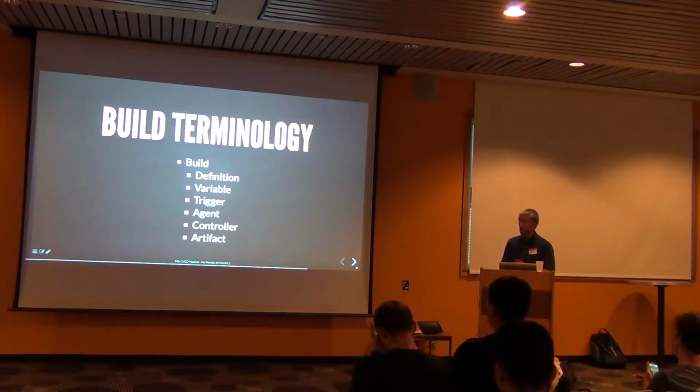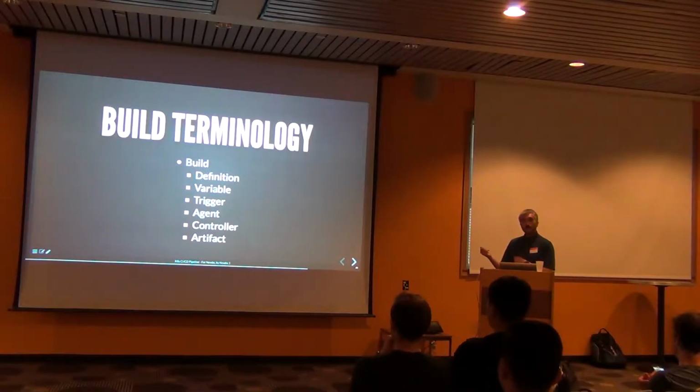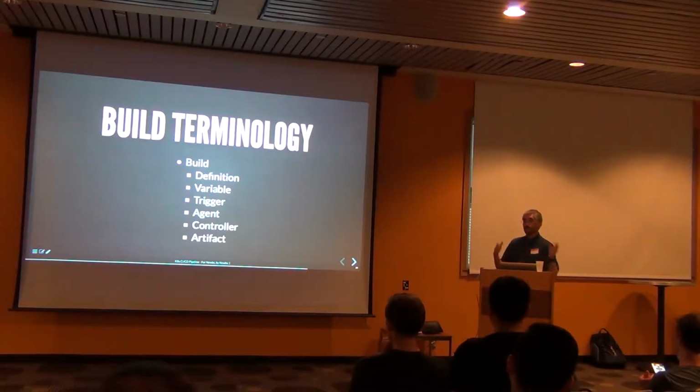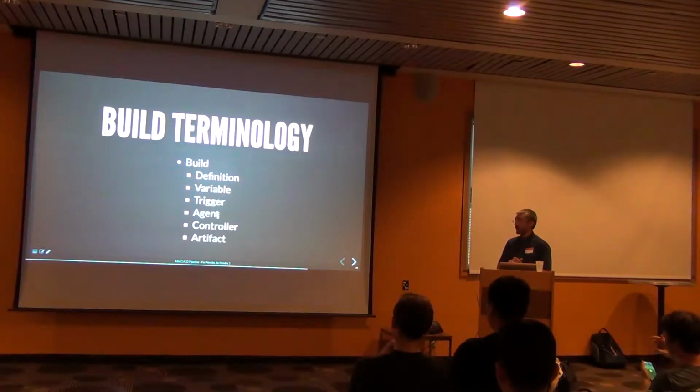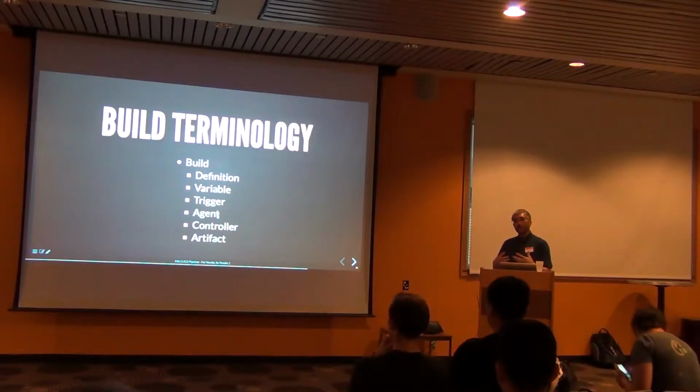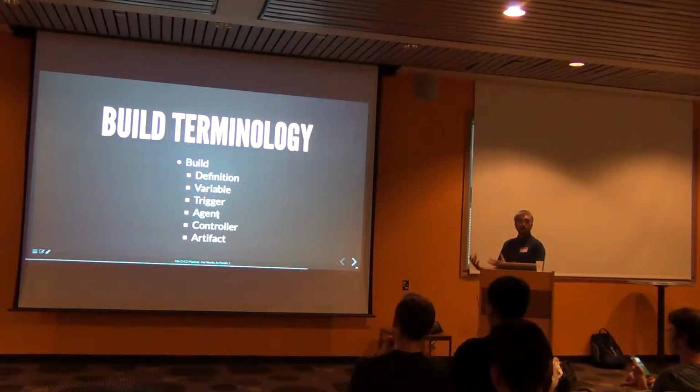And then different triggers. So why would you do the build? In the case that you bring a person in, you might have that person come in and do the steps. But let's say labor was super cheap. You might say, okay, someone changed the program, start over. Erase it from your computer and then do all the steps again, right? And then agents are the machines or the actors that are performing these steps.